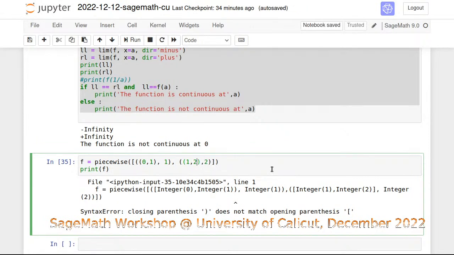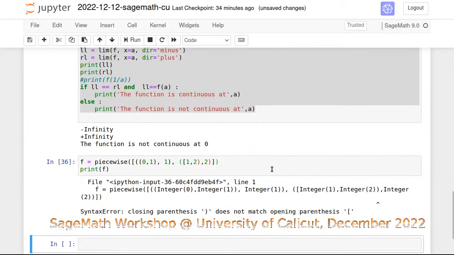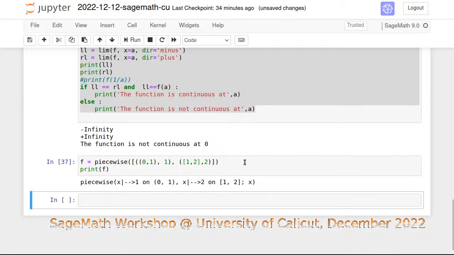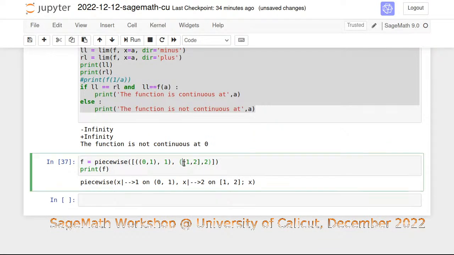Now let me change this to a closed interval. Let me see. Hey, why is this fellow still creating the error? Am I making some mistake here? Okay, let me just see. I think it is not really interested in mixed brackets. Okay, that's the problem, opening and closing.